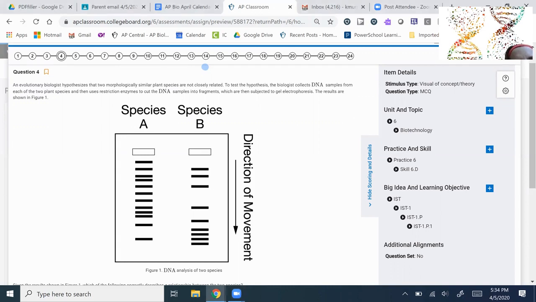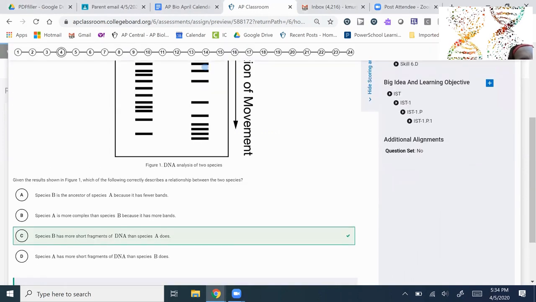All right, so there's A and that's B. The question is, given the results shown in figure 1, which of the following correctly describes the relationship between the two species? All right, so this is simply you're looking at the data and what you know about gel electrophoresis, right? So you have to remember in your mind, oh, gel electrophoresis separates DNA by their size.